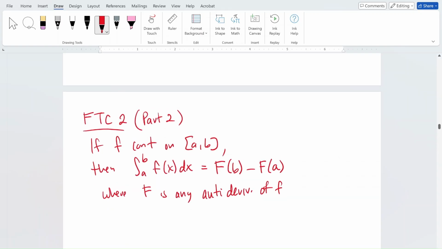That is to say that if I take the derivative of capital F, it is equal to f, if you remember how we defined antiderivative.